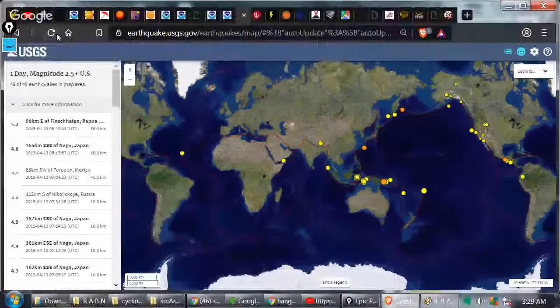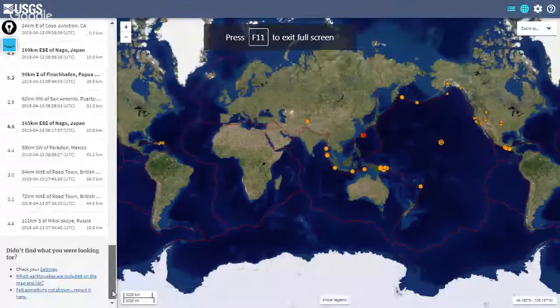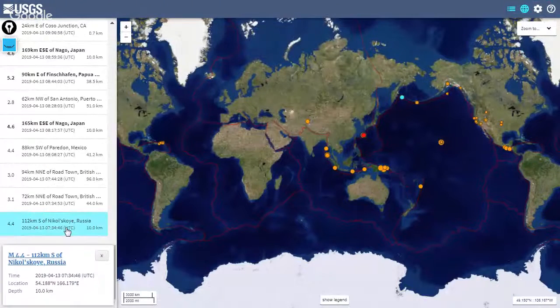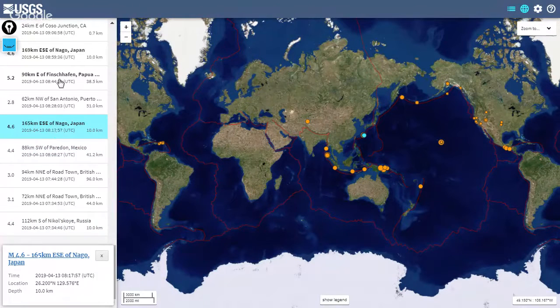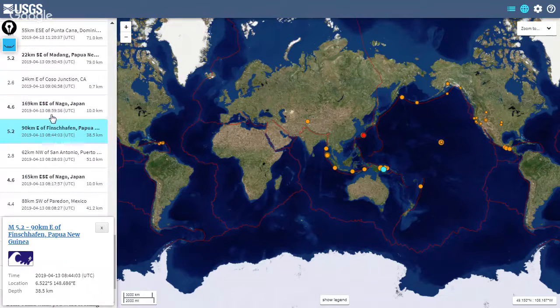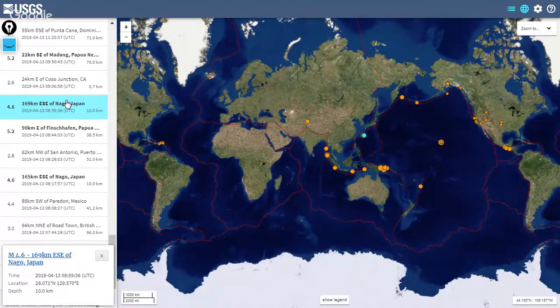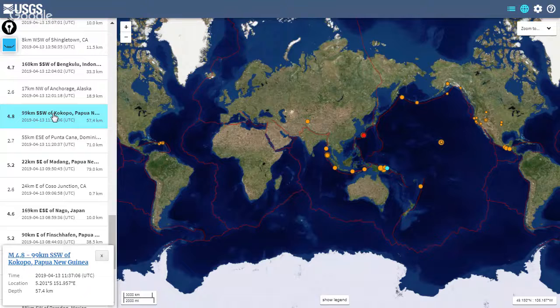Let's look at 24 hours of earthquakes. You see a 4.4 in Russia, 4.4 in Mexico, 4.6 in Japan, 5.2 in Papua New Guinea. Bit of an uptick there. 4.8 at Papua New Guinea.